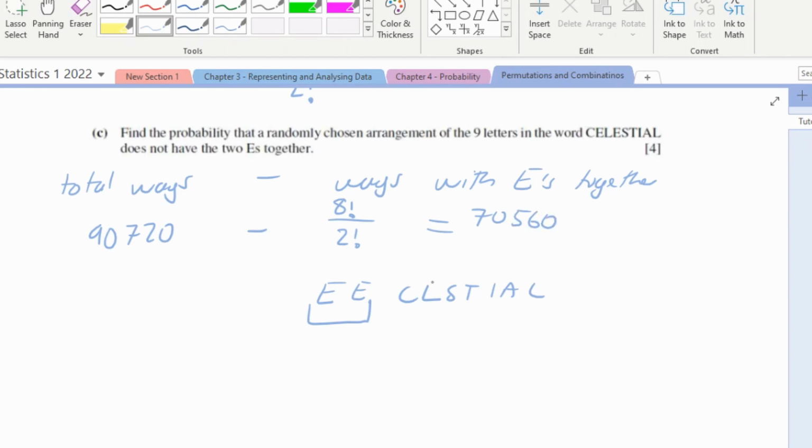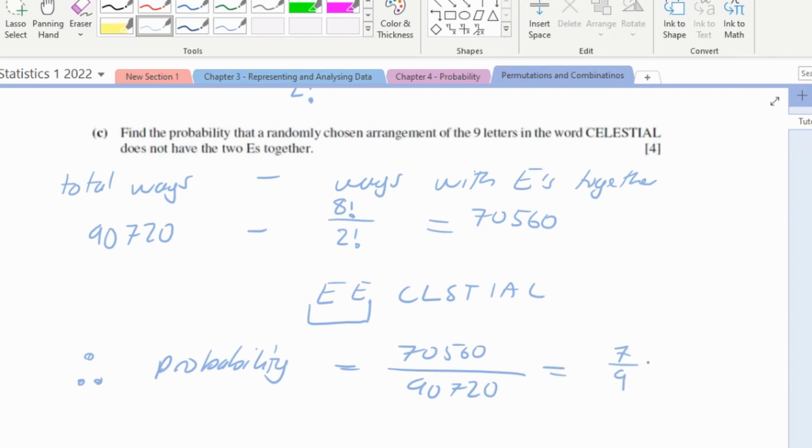And to do the final bit, which is the probability, 70,560 over the total, yeah. And you know you're right when you put that in the calculator. Something's worked out well there, hasn't it? Okay. Yeah, probably if you showed that you subtracted it, that would give it to you.